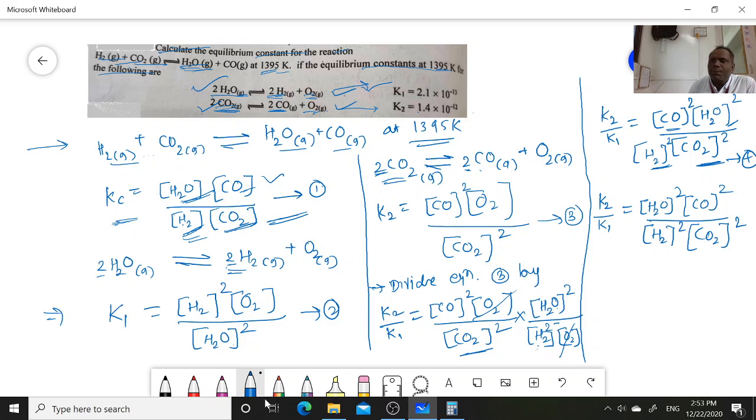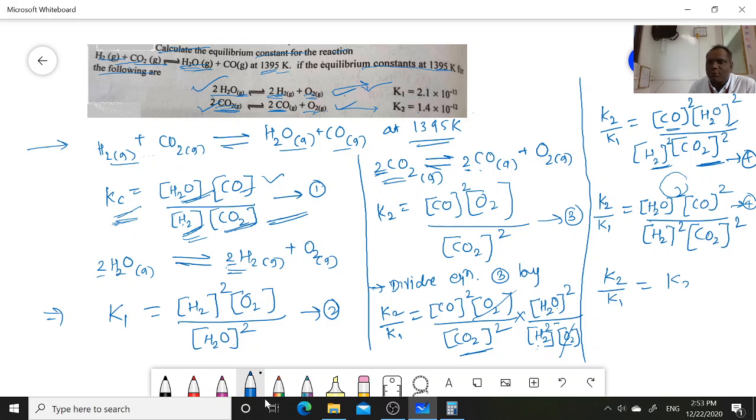Now if we compare equation number 4 and equation number 1, the similar things are there. Therefore we can say that this is the same, except there is a square. So instead of this equation we can write K2 divided by K1 is equal to Kc square.